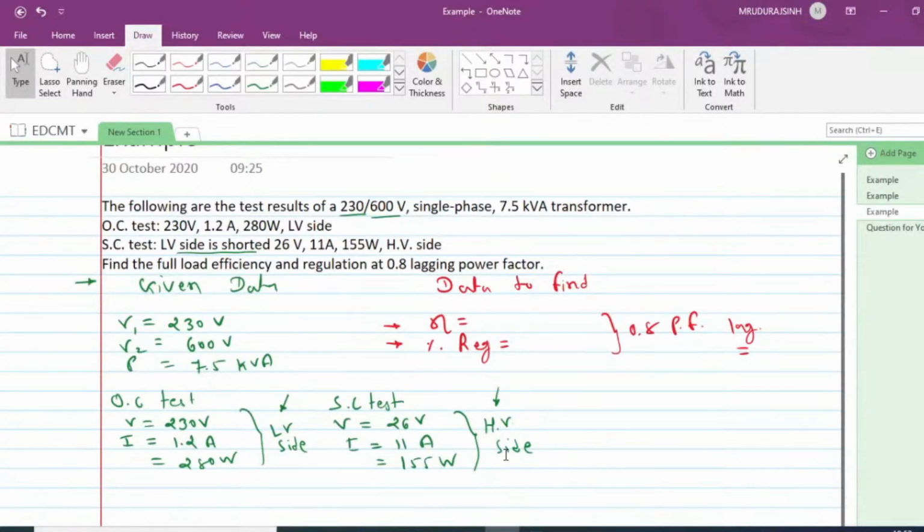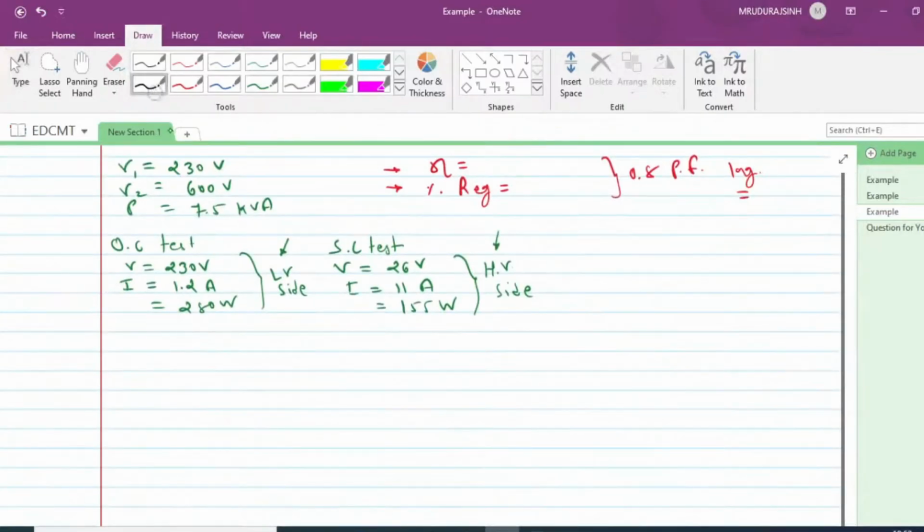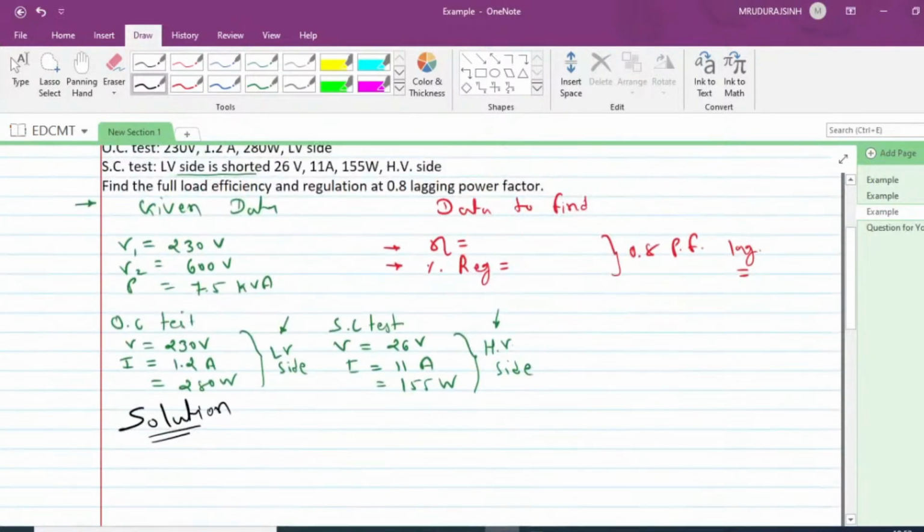Okay. So now the internet was disconnected for a short period of time, but now I am back again. It was just an internet connectivity issue. So now let's start with the solution. So first of all, we'll write what we need to find.